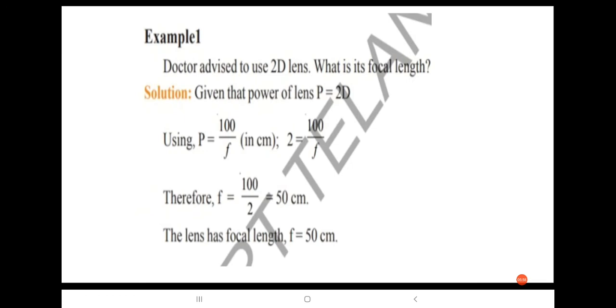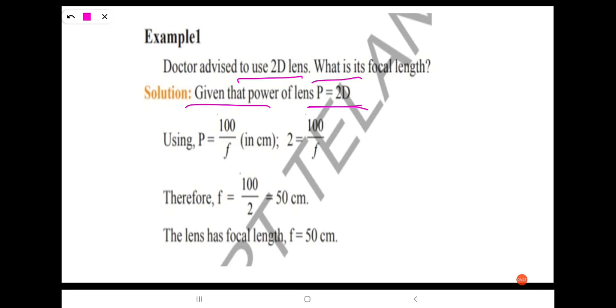One example: the doctor advised to use a 2D lens. What is its focal length? Given that the power of the lens P equals 2D.